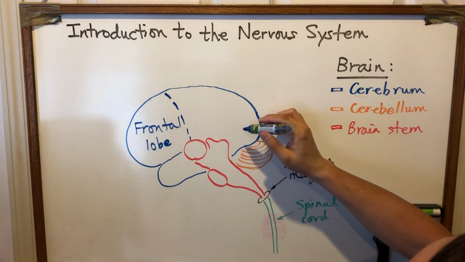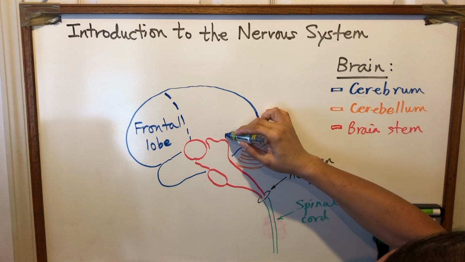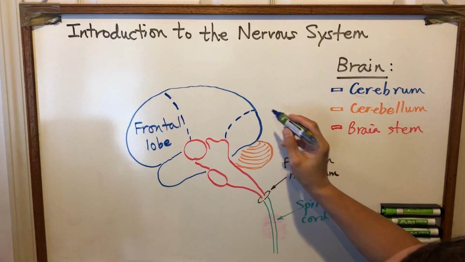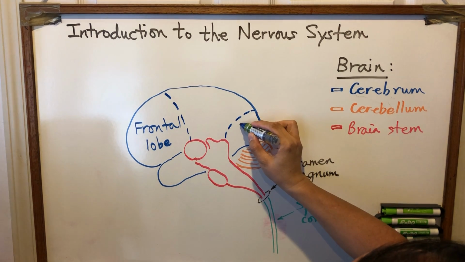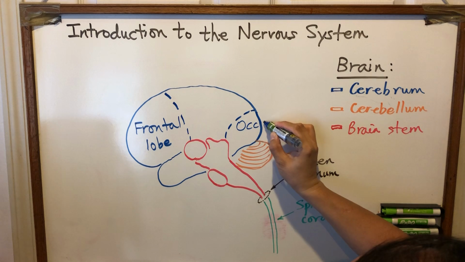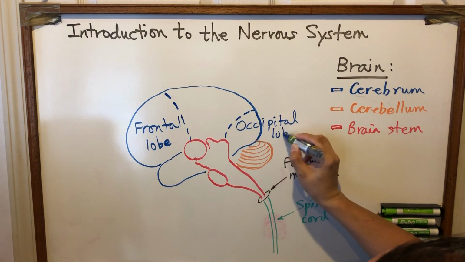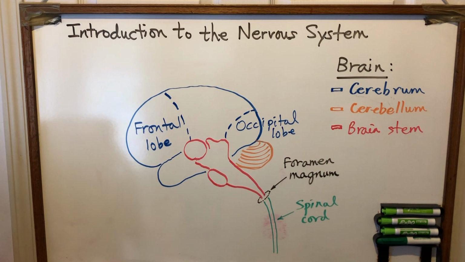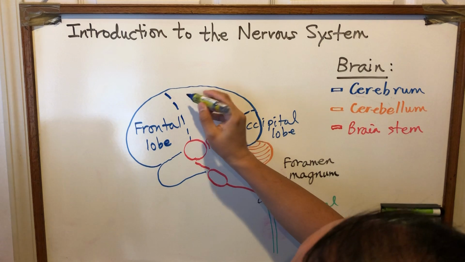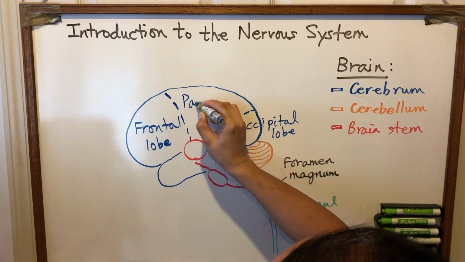In the back, where you have the occipital bone, we call this area the occipital lobe, in fact, because of that location. At the top, you have the parietal bones in the skull, so they call this the parietal lobe.